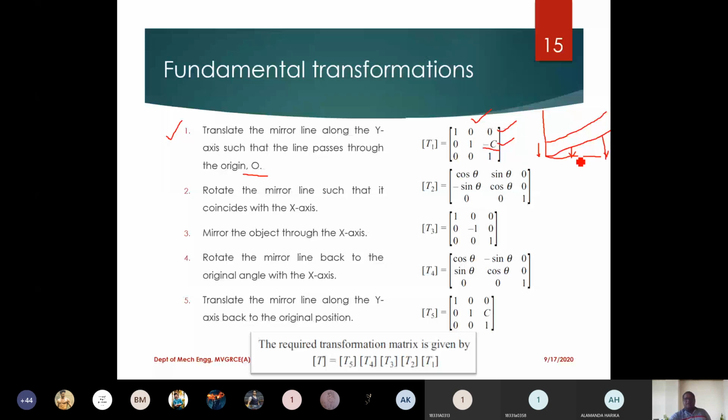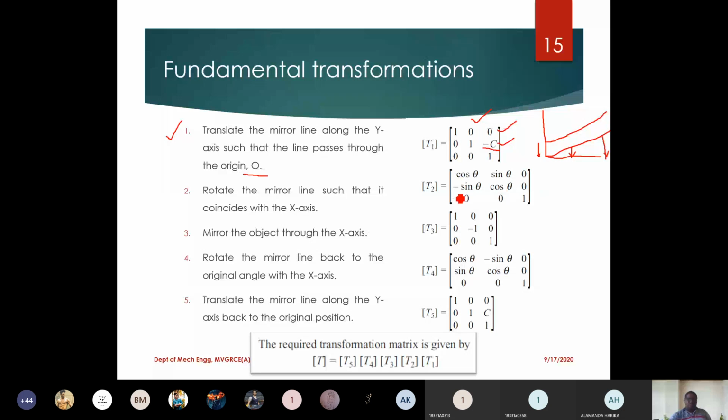So theta will become minus theta. The corresponding rotation matrix is cos minus theta, sin minus theta, minus sin theta, of course. If you replace all thetas with minus theta, this is how the transformation matrix will become.